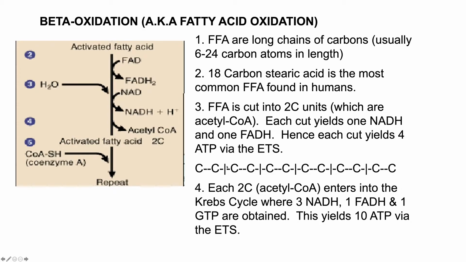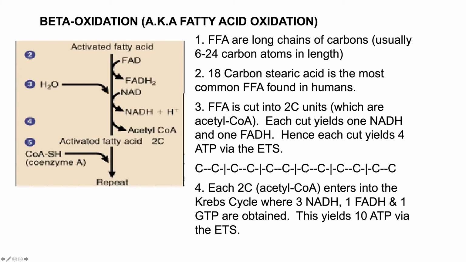Each line represents an NADH and FADH. There's 1 acetyl-CoA. 1, 2 there again. There's another acetyl-CoA. And when I say 1, 2, I'm talking about counting the carbons. NADH and FADH. Here's another acetyl-CoA. There's a cut. Acetyl-CoA, cut. Acetyl-CoA, cut. And acetyl-CoA.